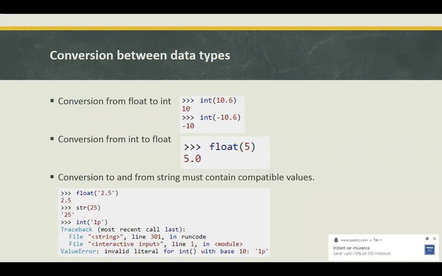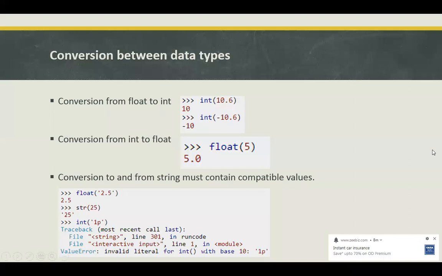Next one is conversion between data types. For example, if you are using a float and you want to convert it into an integer, or if you are using an integer and you want to convert it into a float.